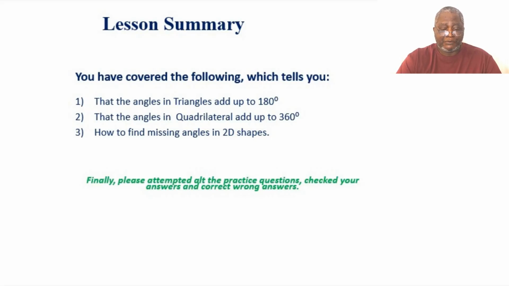Remember what I said, if you want to prove some of these, for example in a quadrilateral, just divide it into 2 triangles and you'll be able to see that a quadrilateral adds up to 360 degrees, which is the sum of 2 triangles, each of which is 180 degrees.